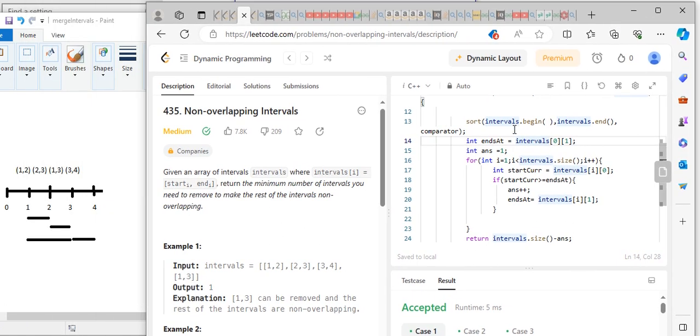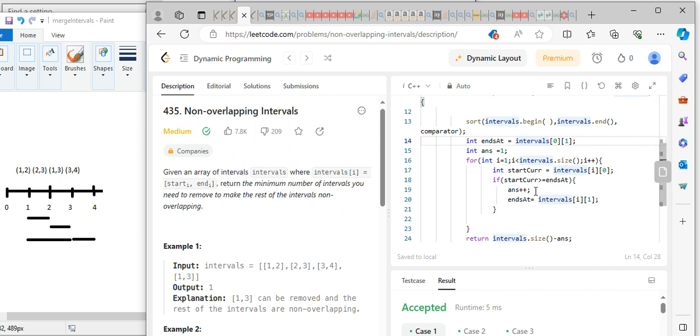Because the first one is a part of the answer, I've considered the answer to begin at 1. Next, on the second element, I start traversing. So I have i equals 1 to intervals dot size, the entire thing. I consider the interval that I'm currently seeing. What is the start time of that interval? The start time currently is 2.